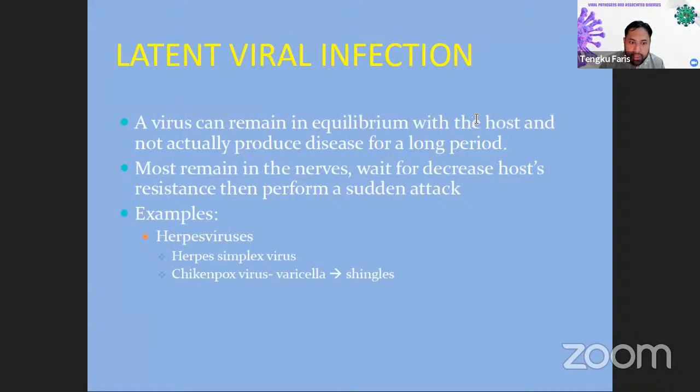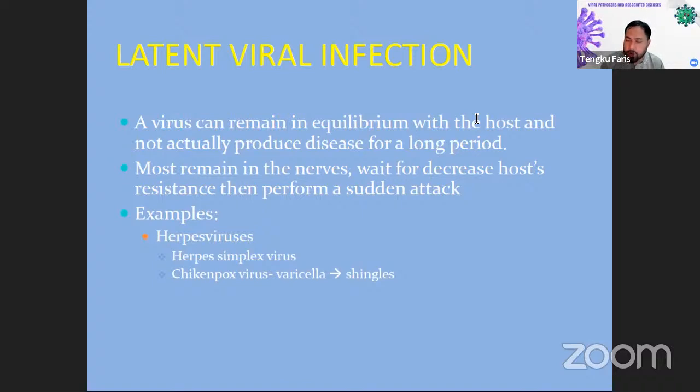Latent viral infection: a virus can remain in equilibrium with the host and not actually produce disease for a long period. I already mentioned this. They can just sleep in your system without you noticing. They mostly remain in the nerve and wait for decreased host resistance, then perform a sudden attack. It's like a time bomb.